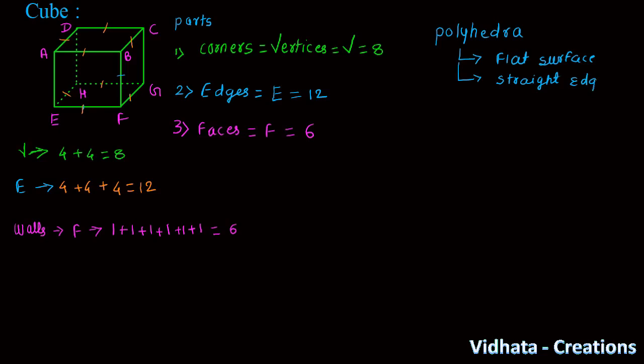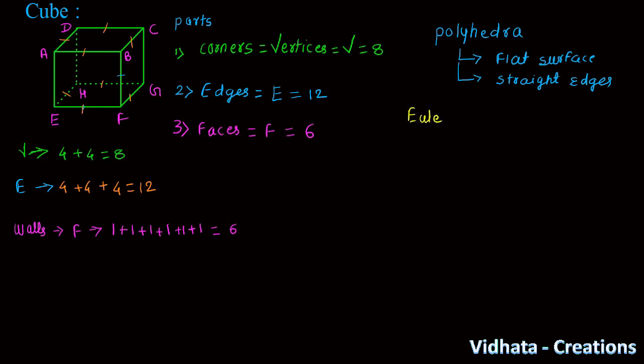This type of solid figures we call polyhedra. Now what type of relation do they hold? The polyhedra type of figures hold a relation, and it is given by Euler's formula.